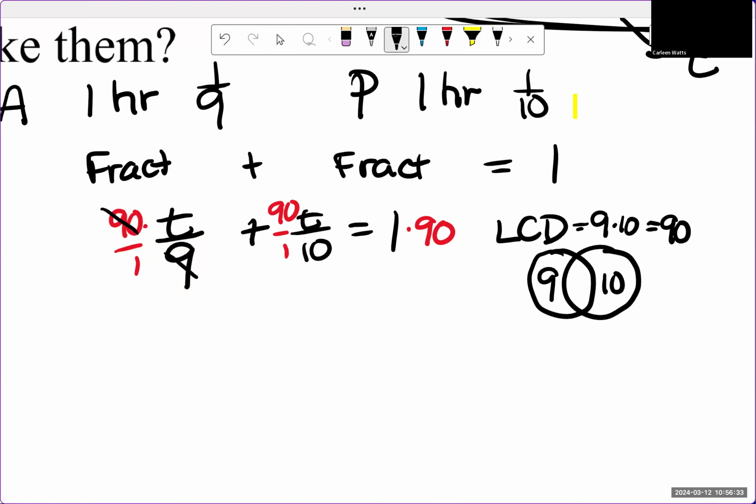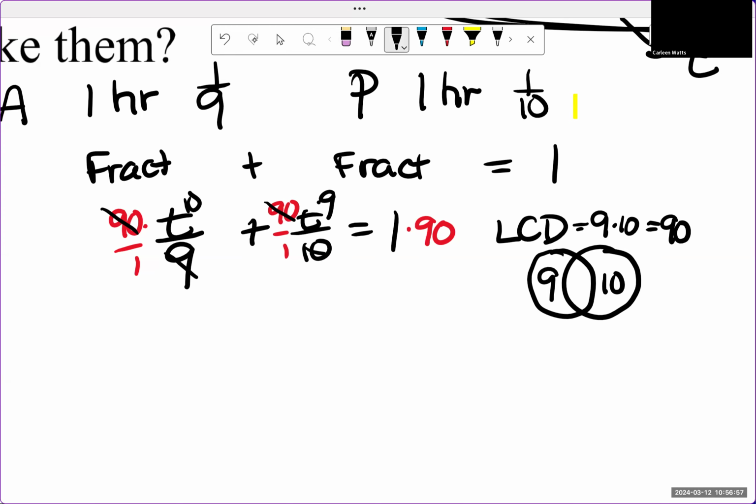90 divided by 9 is 10. Oh, look, it's just that 10 right there. Not a coincidence. 90 divided by 10 is 9. Oh, look, it's just that 9 right there. Only when there's no overlap. So what's the equation? Now, this could be something you would see in a Canvas quiz.